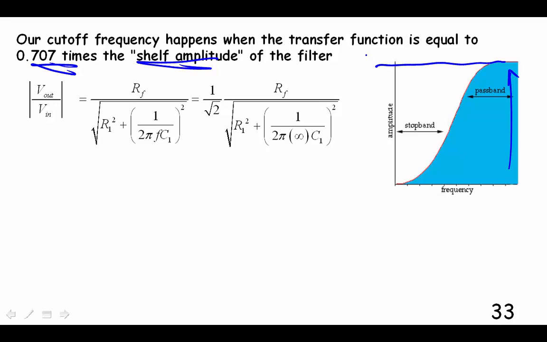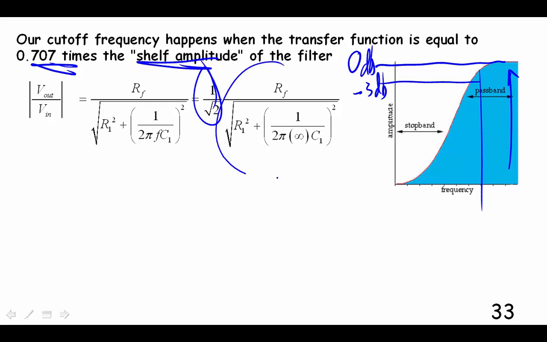Whatever this is, it's going to be our 0 dB for our active filter. And we're going to see that our cutoff frequency is going to happen when we're at minus 3 dB. And that happens when this term is multiplied by 0.707.